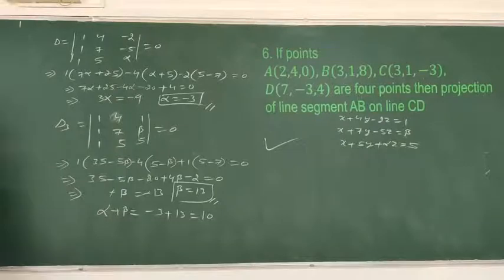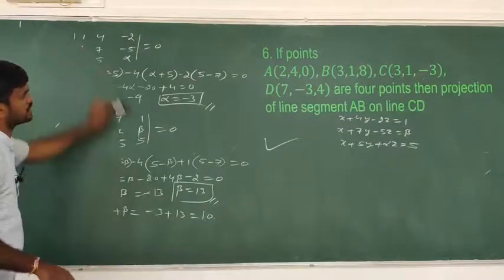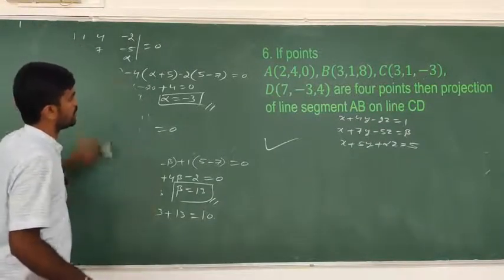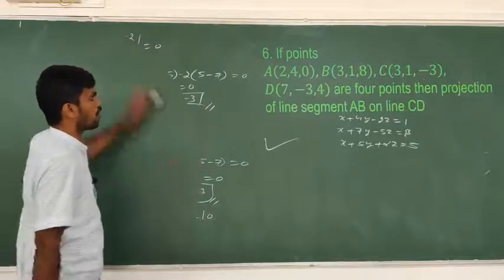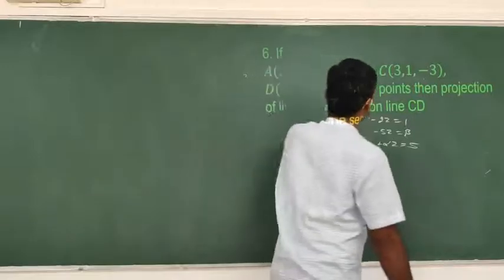Problem number 6. If points A(2, 4, 0), B(3, 1, 8), C(3, -3, 1), D(7, -3, 4) are 4 points, then they are asking how much is the projection of line segment AB on the line CD.